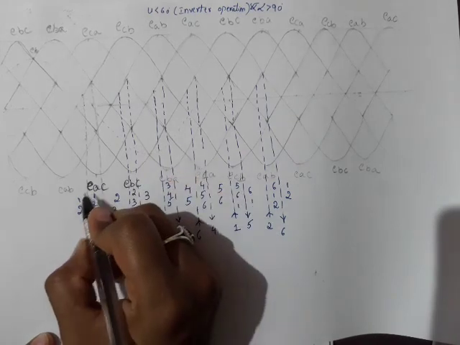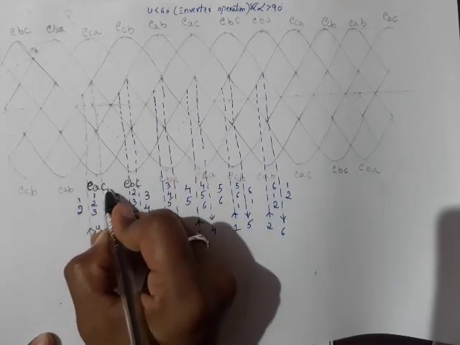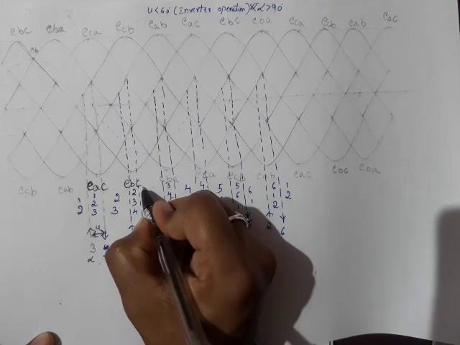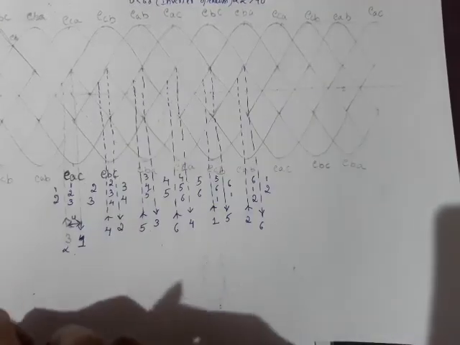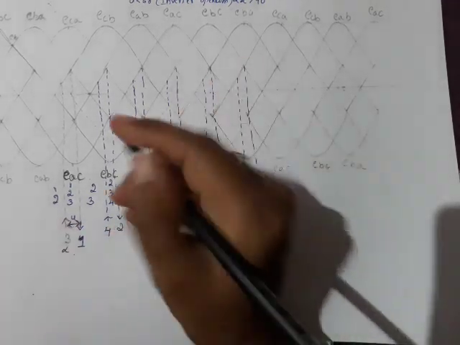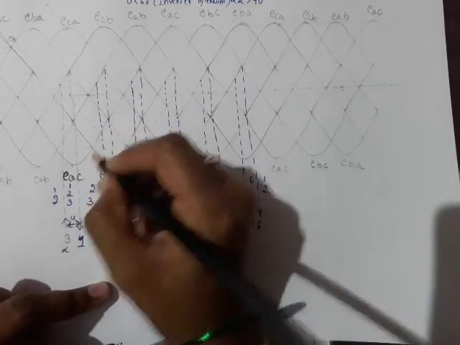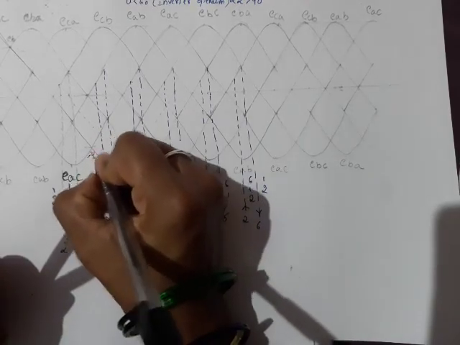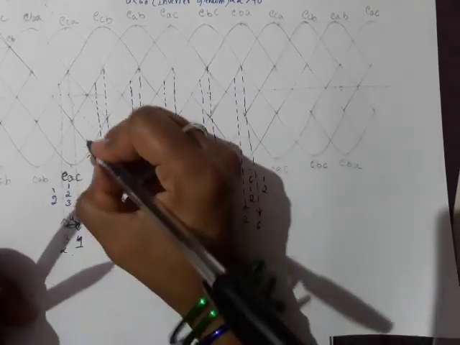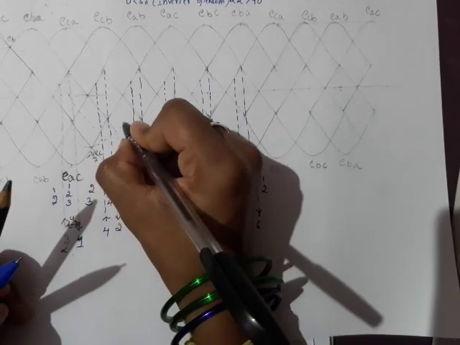So what it says, EA minus EC, EB minus EC. So EC is negative, phase voltage EC is negative. So your phase voltage will come like this, in between this, that is minus 3 by 2 times of EC. It will continue like this.